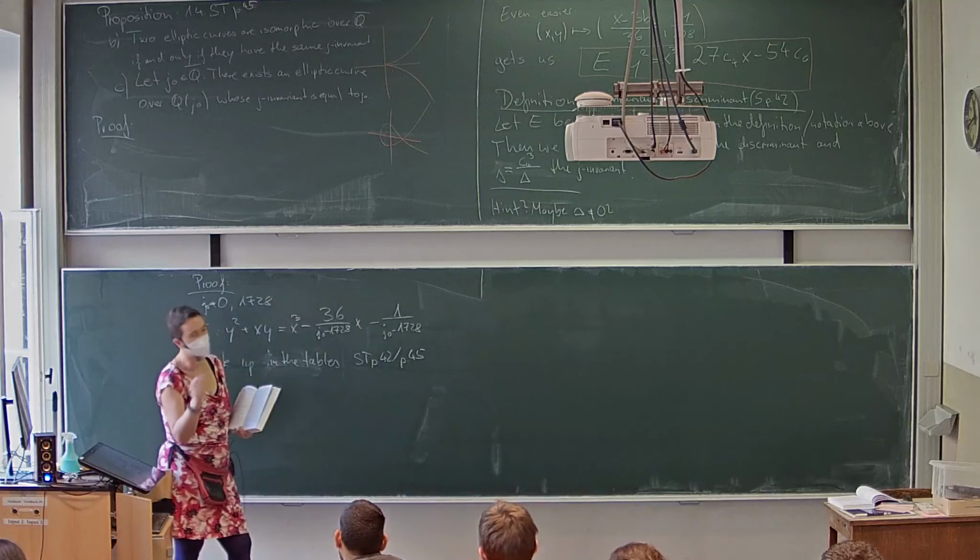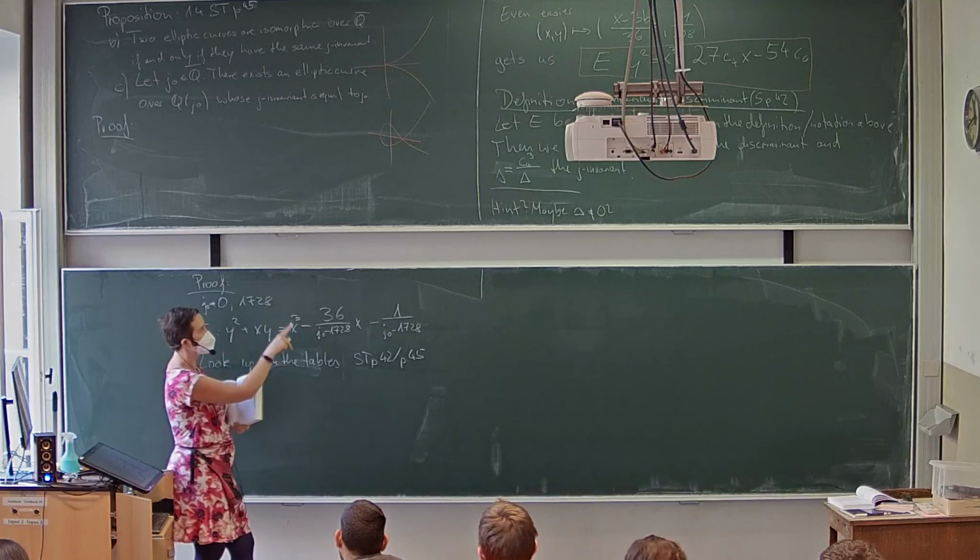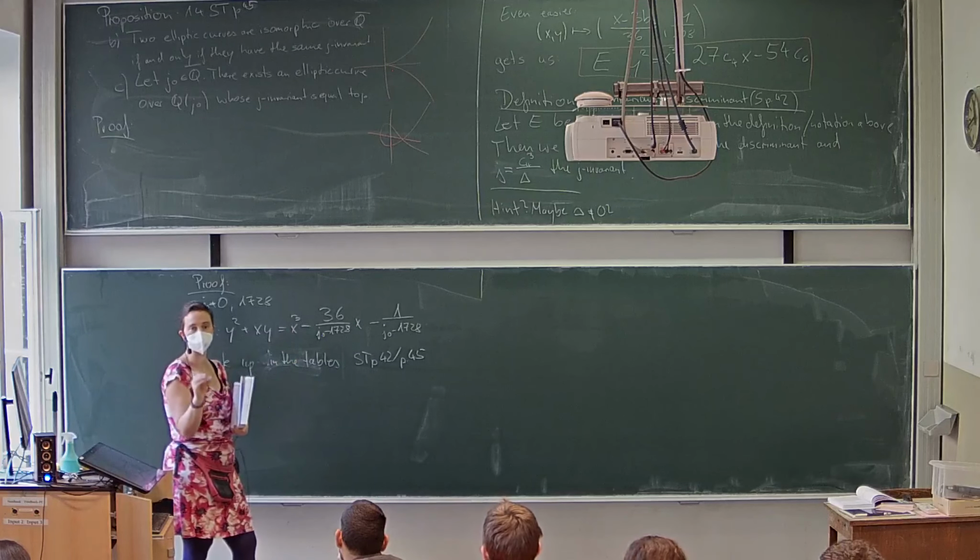And there you can look up how to compute the J invariant and the discriminant depending on which form of the polynomial you have.